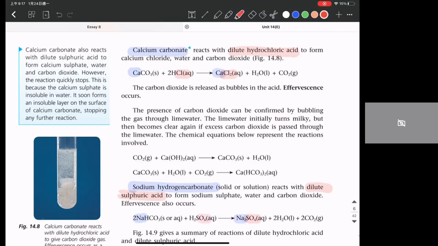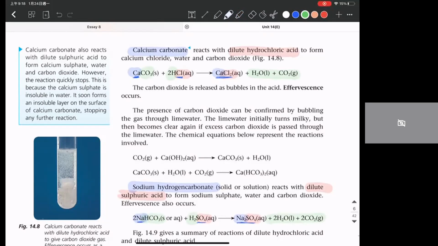So what is left behind? Carbonate, hydrogen ion, hydrogen carbonate, hydrogen ion. So what will we form? It is CO2 and H2O. It seems like a merging of calcium and chloride ion to form calcium chloride, and sodium ion and sulfate ion to form sodium sulfate.